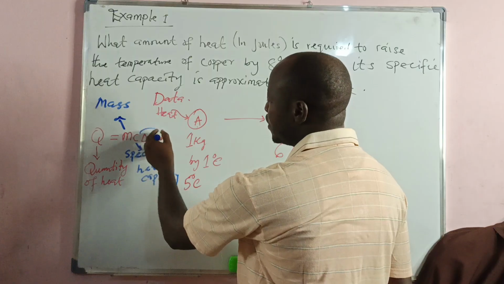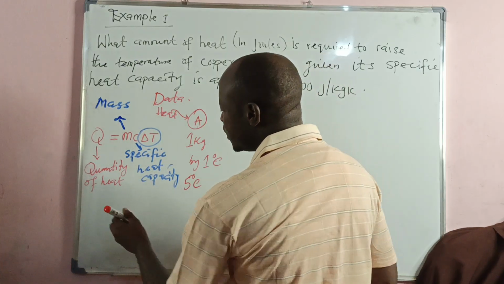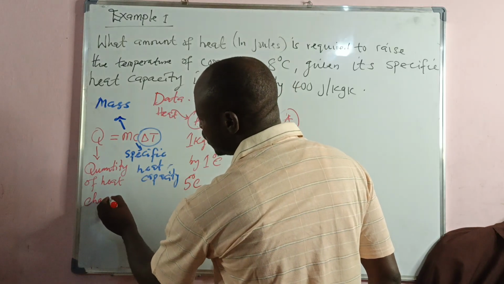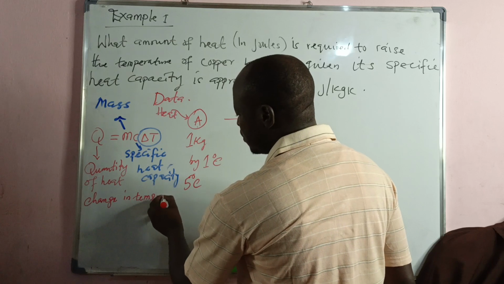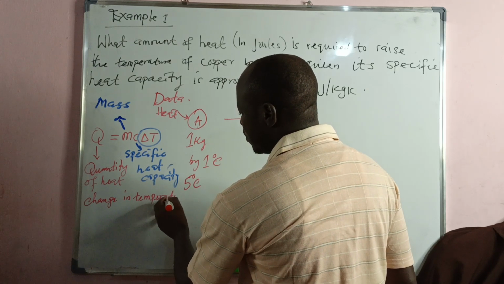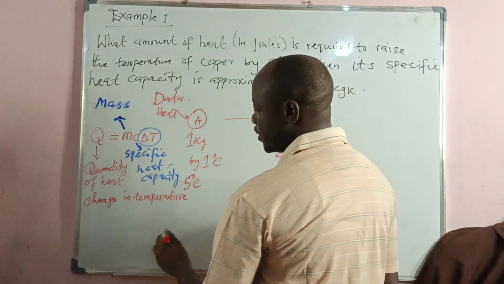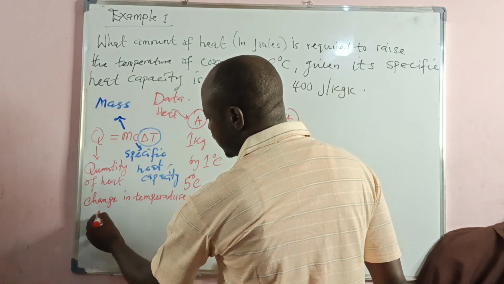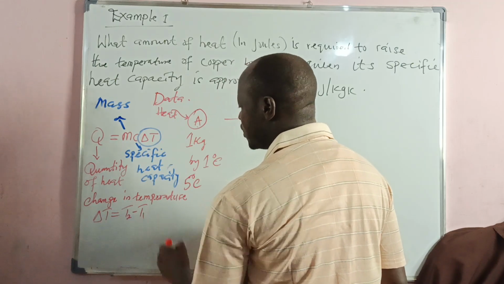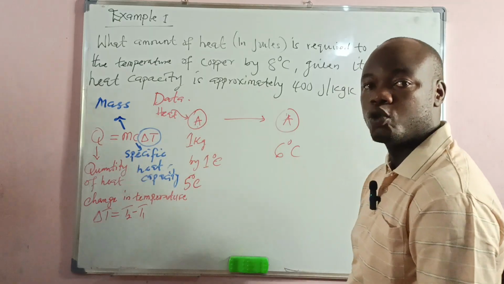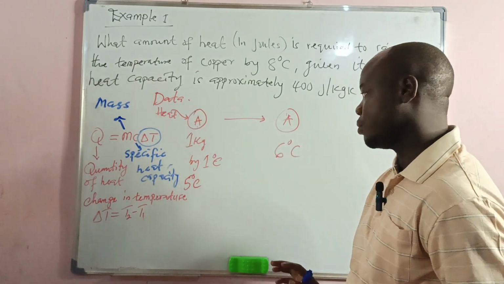And then we have delta T. The delta T here stands for change in temperature, where delta T is equal to theta 2 minus theta 1. So this is actually the formula for calculating specific heat capacity.